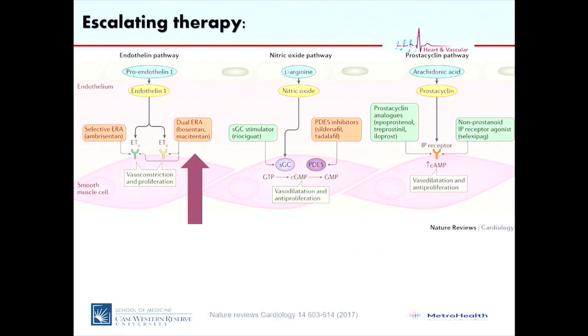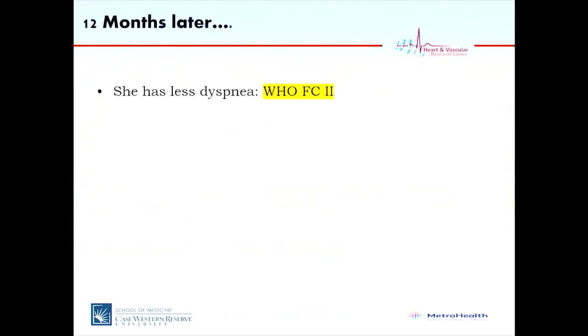So since she was already on the endothelin receptor antagonist, we elected to add an agent in the nitric oxide pathway, and we went with riociguat, which is the soluble guanylate cyclase stimulator. She did well on this dual therapy.